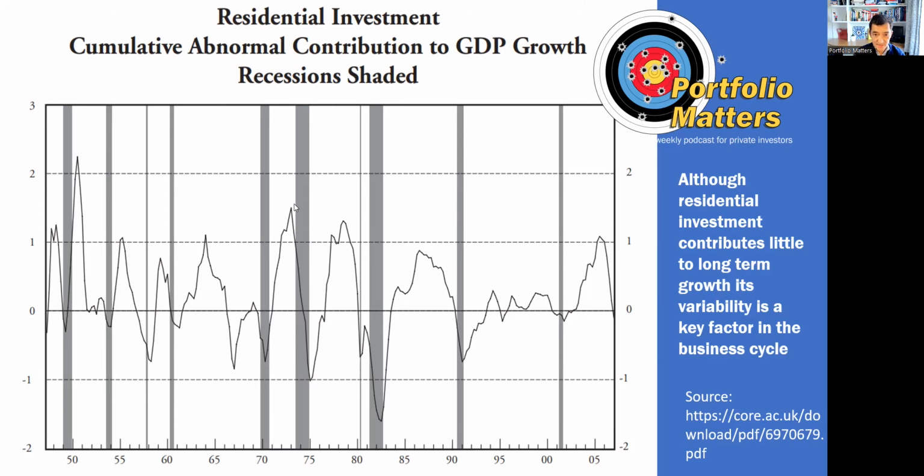So that is a change of 2% to GDP growth. So the move in 1973 to 1975 from peak to trough will have depressed GDP growth by 2%. And that is a big contributor to the fall in GDP.